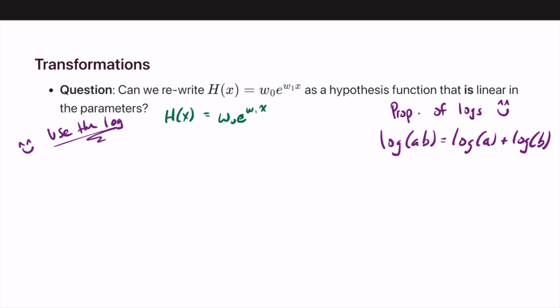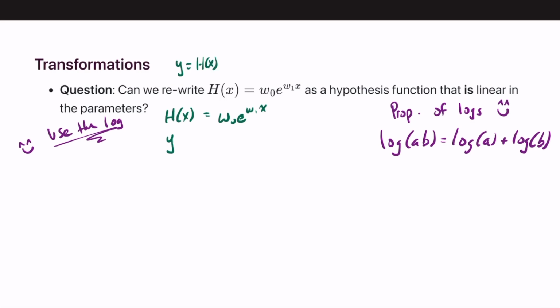Okay, so let's make this a little bit easier on ourselves. Let's just write this as y. So here, just simplify this a little bit.